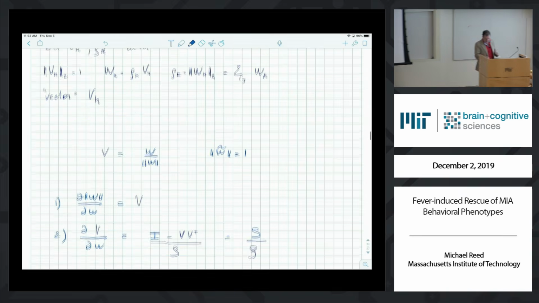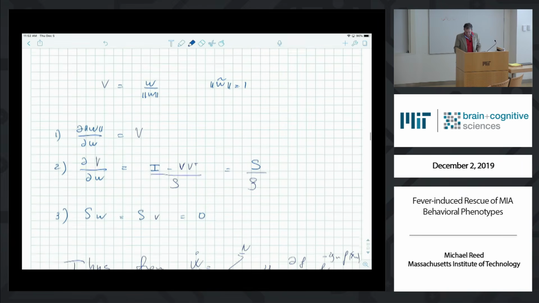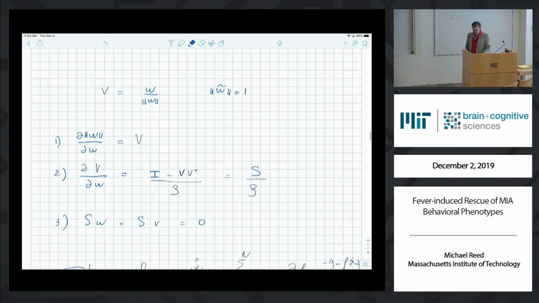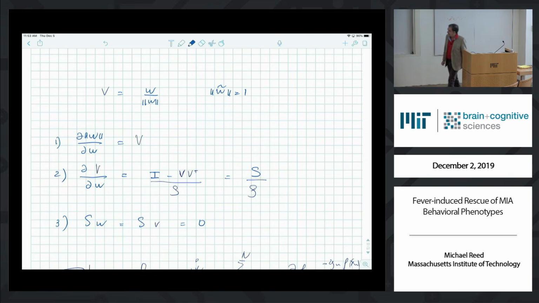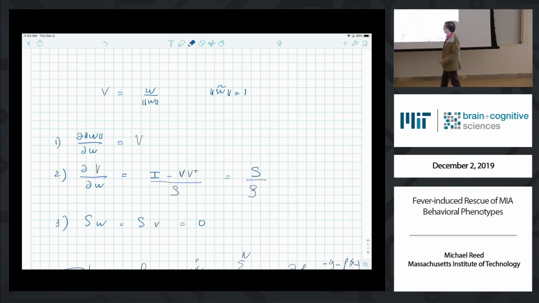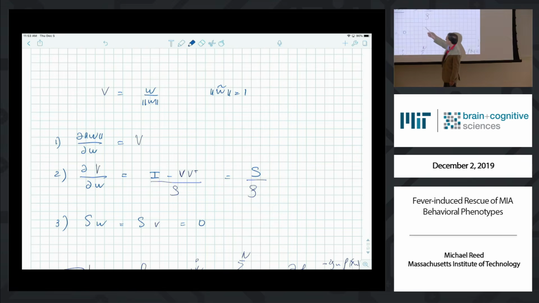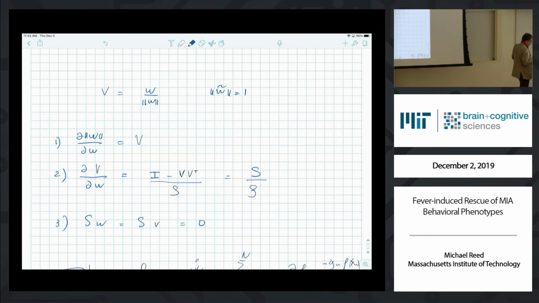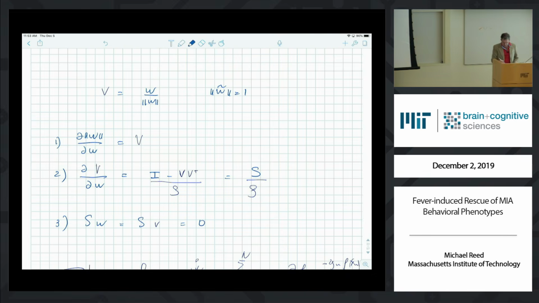What I want to do is a change of variables. And so I want to define these normalized matrices, considering them as vectors. So V would be, as I wrote before, in the linear case, W divided by the norm of W. This W tilde is actually V.